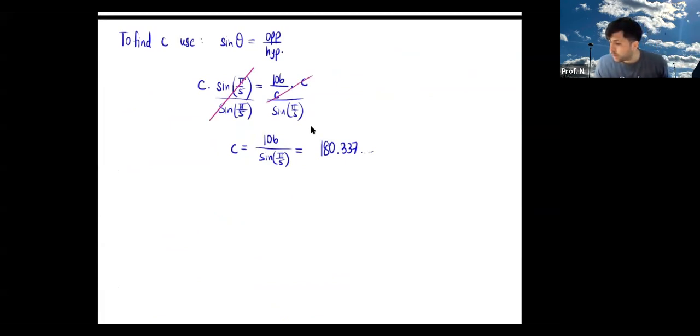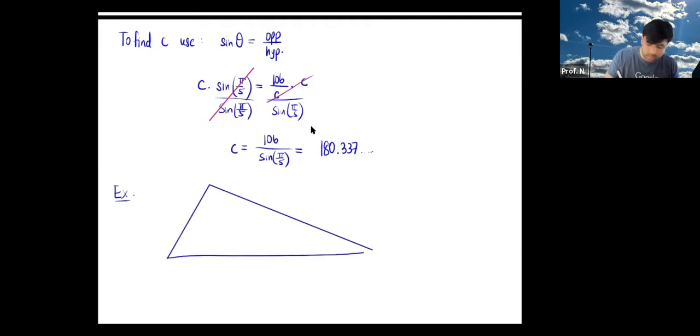And let's see this. Of course, things like this can get a bit more complicated. What if I get two right triangles now, and this is 100, this is 30 degrees, and this is 60 degrees, and I'm trying to figure out this side here.